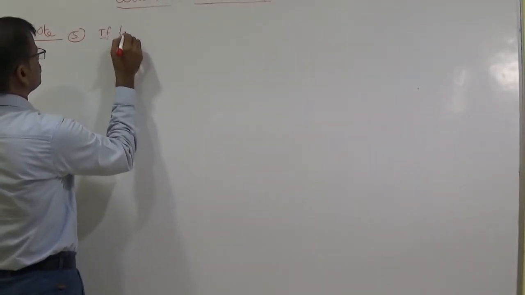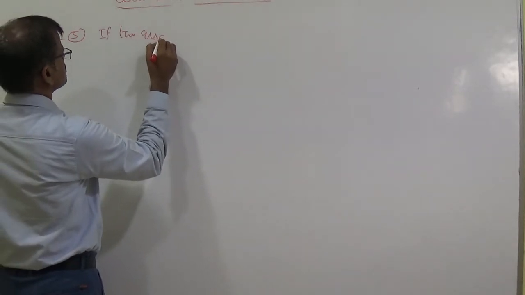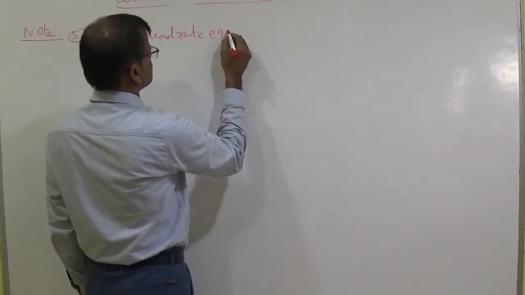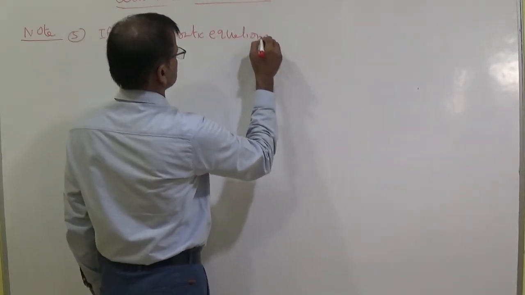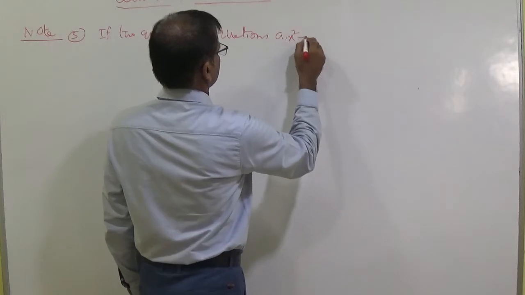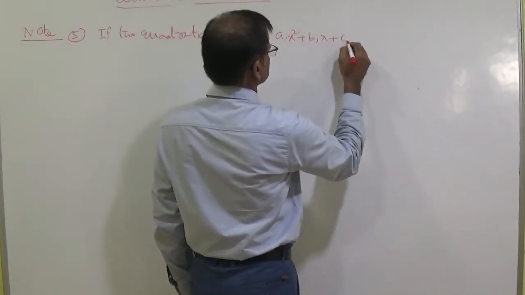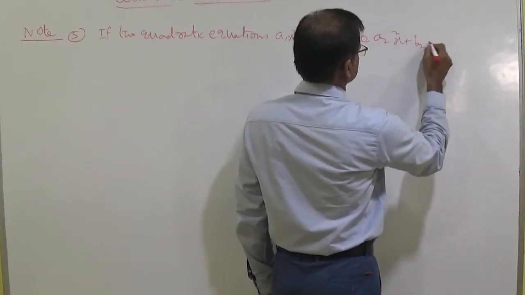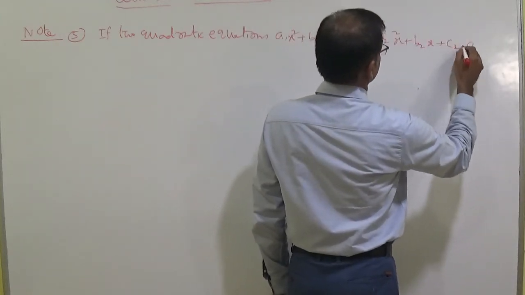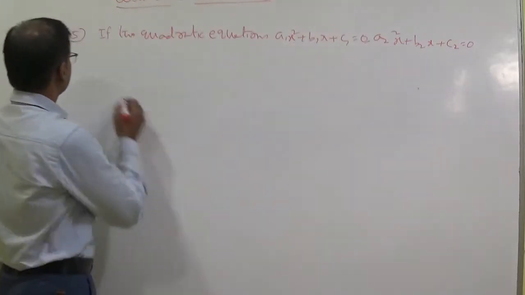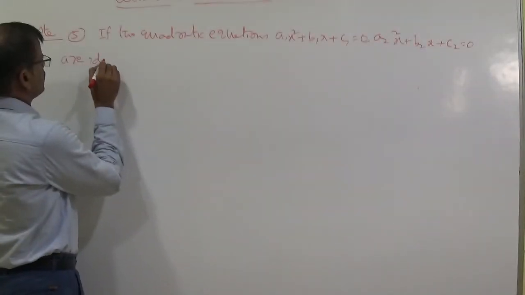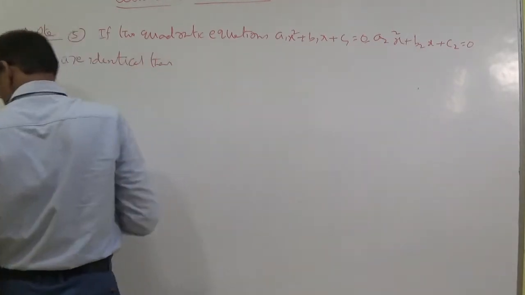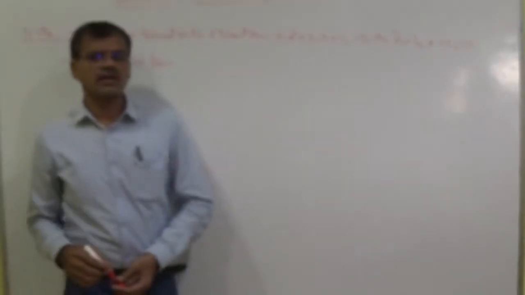If two quadratic expressions, a1x square plus b1x plus c1 equal to 0, comma, a2x square plus b2x plus c2 equal to 0, are identical, then their coefficients are in proportion.